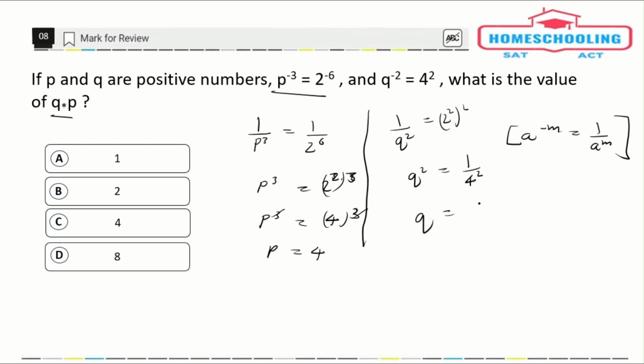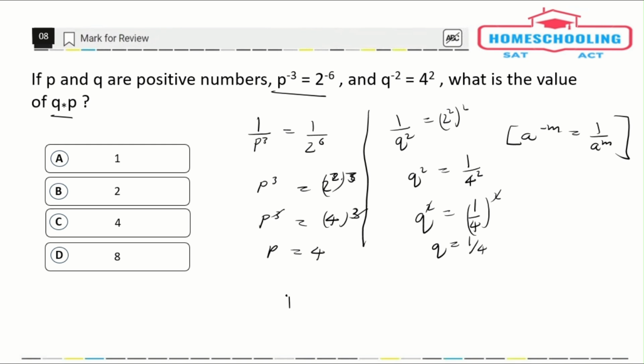So it can also be written as q is 1 by 4 whole square, because square of 1 is also 1, and in the denominator it was 4 square, and this square gets cancelled, so q is equal to 1 by 4.